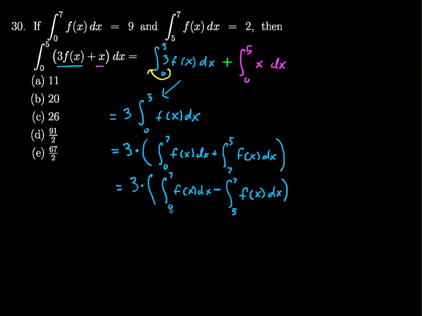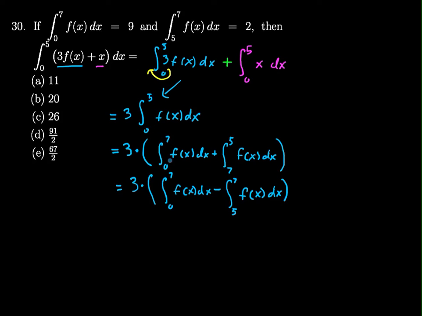So if this is some sort of the area between the x-axis and the curve from 0 to 7, and this is from 5 to 7, positives and negatives in the integral sort of way, if I go from 0 to 7 and I subtract off from 5 to 7, or I go back from 7 to 5 as I showed up here, you'll end up with the integral from 0 to 5.